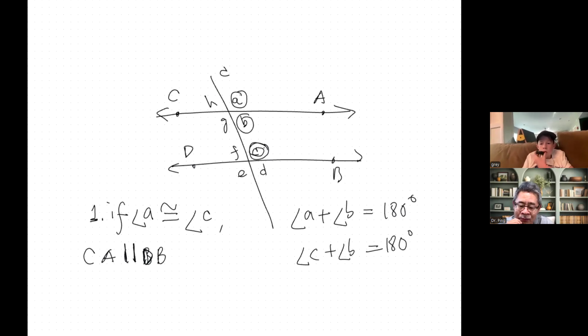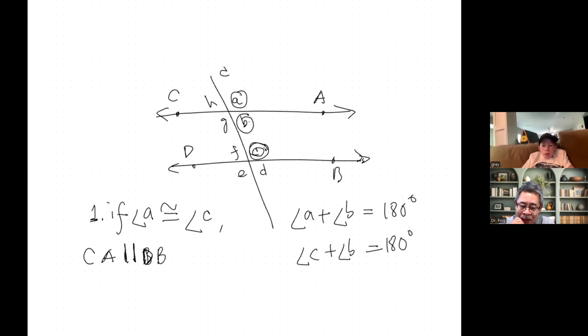This comes from the basic rule that defines parallel: if these two add together to 180, then those two lines have to be parallel.